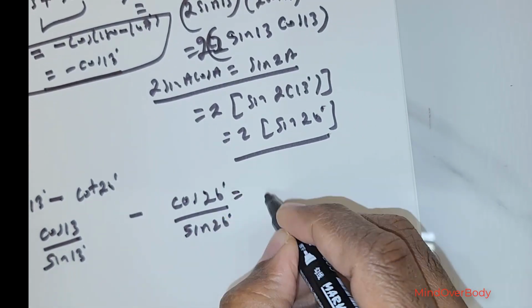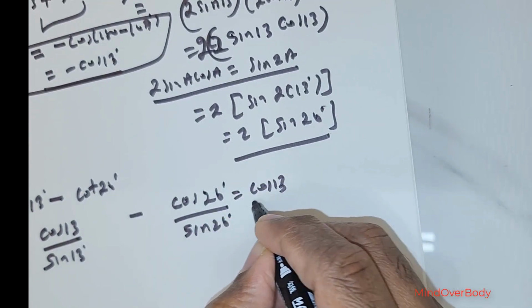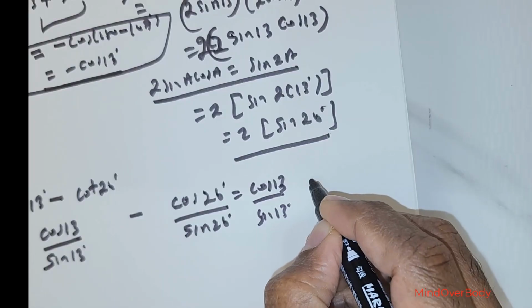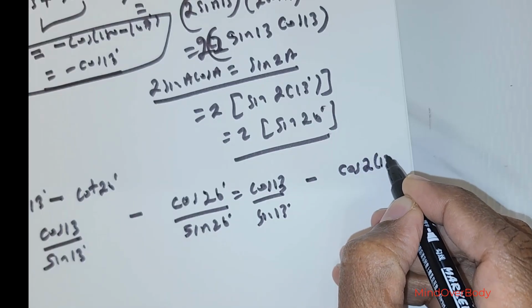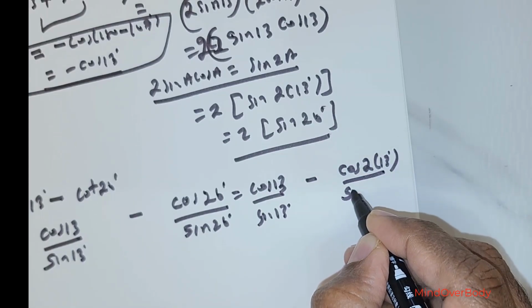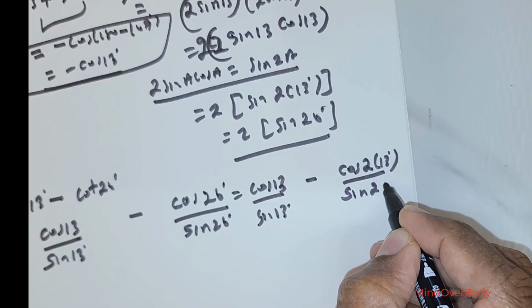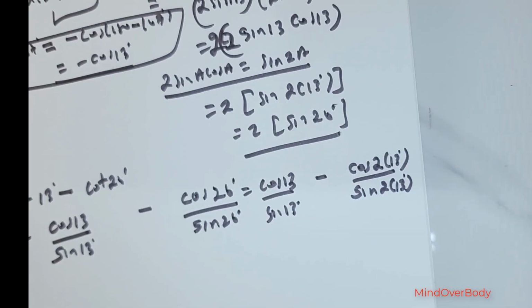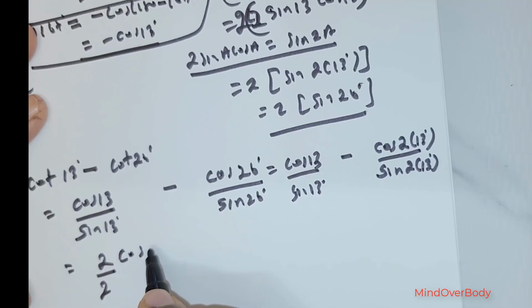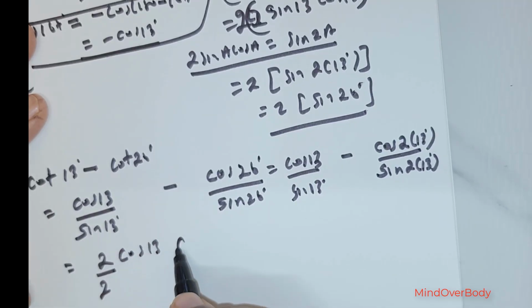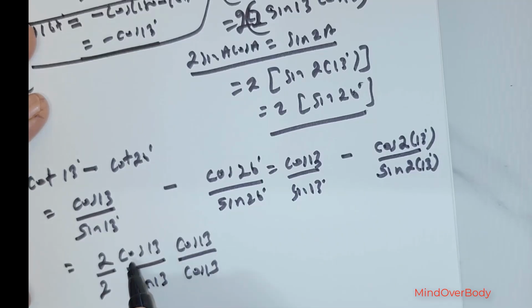Now I'm going to rewrite this further as cos 13 degrees divided by sin 13 degrees, and cos of 2 times 13 divided by sin of 2 times 13. Now I'm going to multiply and divide by cos 13, and retain sin 13 as it is.